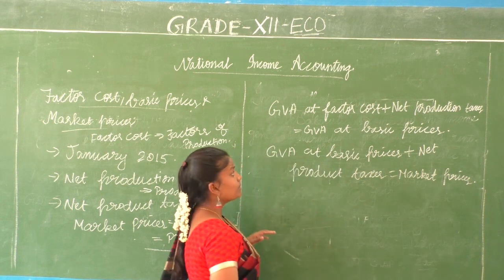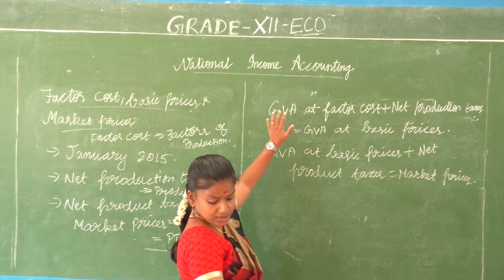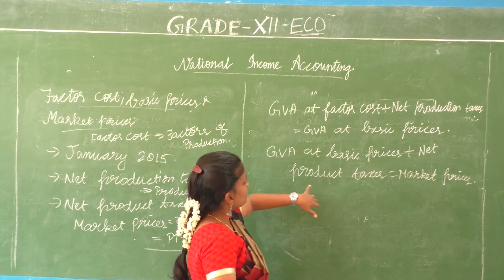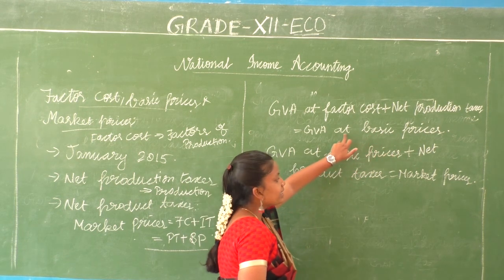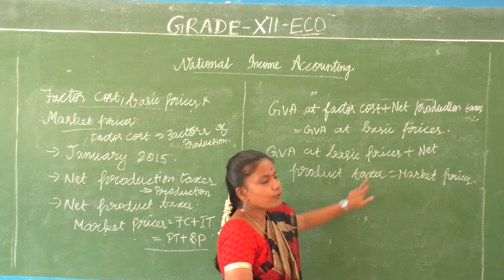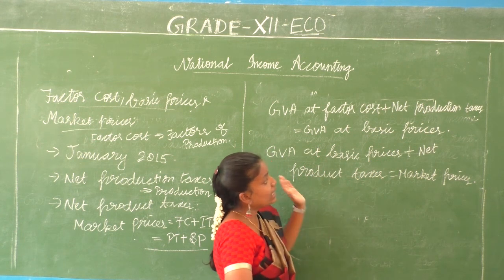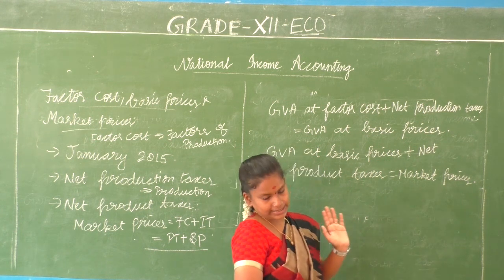But what is the CSO releasing? It is releasing the GVA at basic prices. That is, it does not take into account the net product taxes. It includes only the net production taxes.